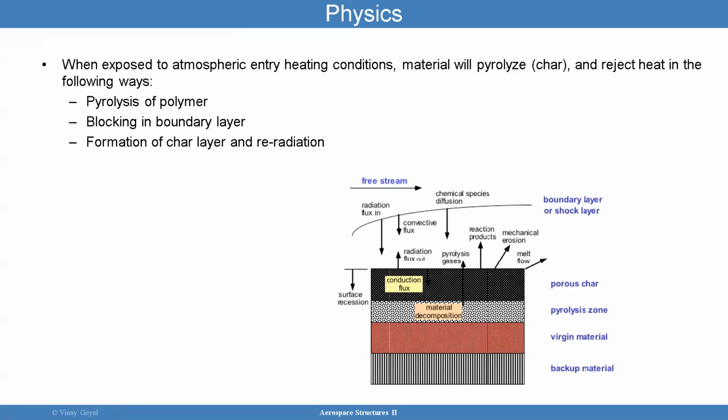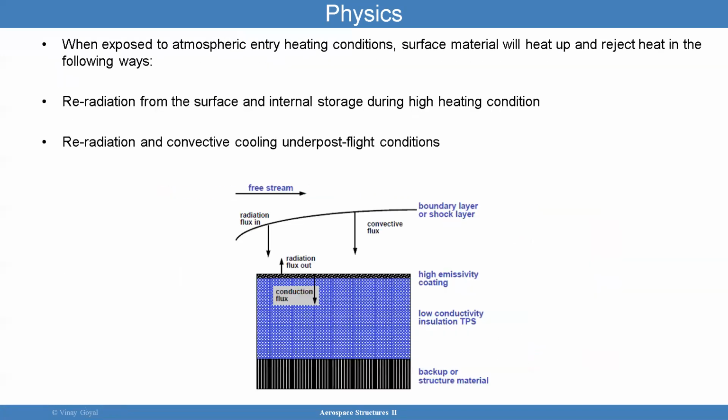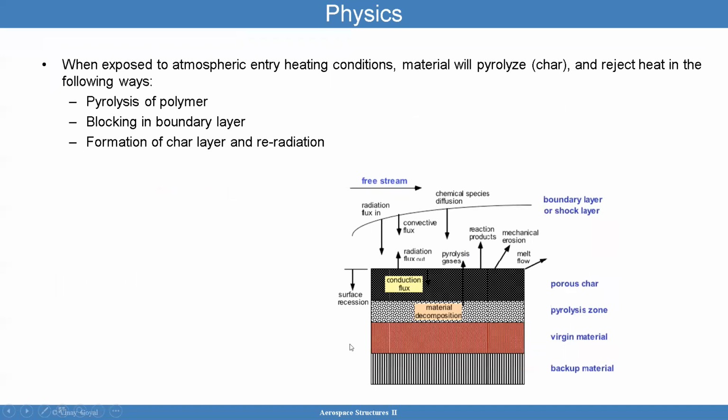So I want to explain some things that happen that are quite complex within this blue region for high heating applications. When exposed to atmospheric re-entry heating conditions, the material will pyrolyze, it will char. So you're going to have a lot of char here.